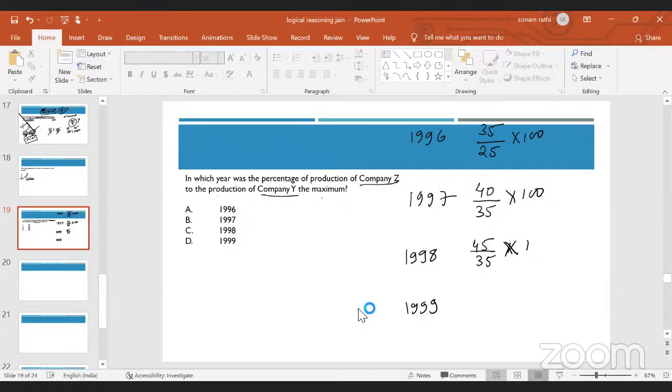For 1999, 35 upon 40 into 100. So you have to compare Z upon Y for each year.